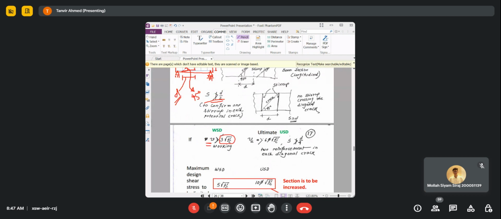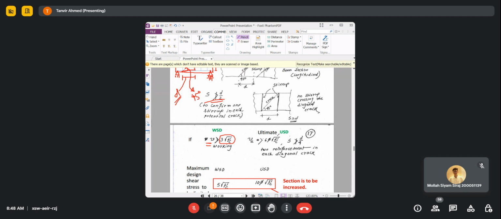Then your maximum spacing shouldn't be d by 2, rather it should be less, which is d by 4. So you have to reduce your maximum spacing to d by 4.